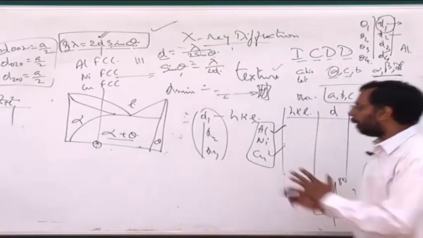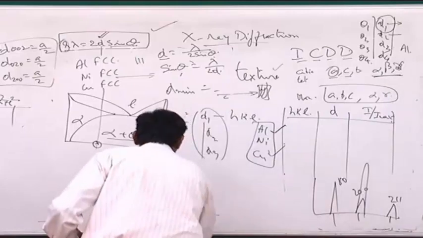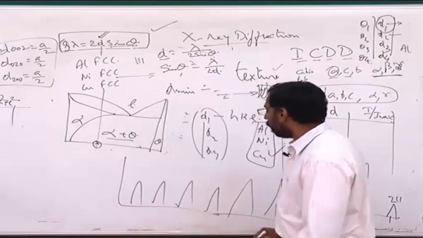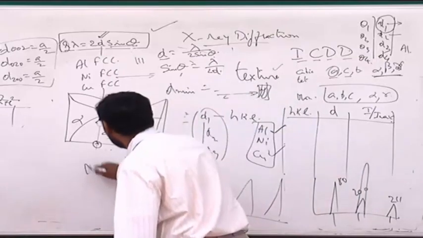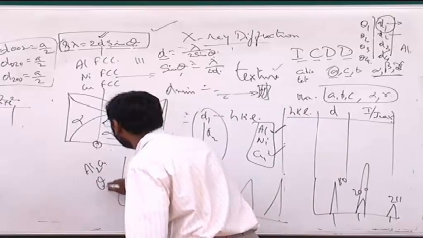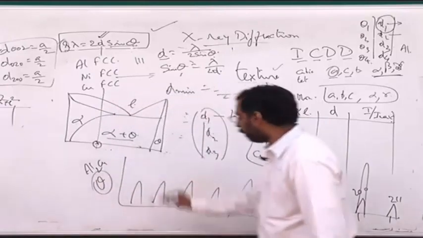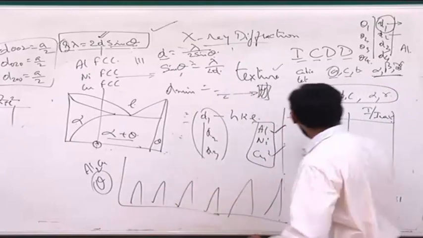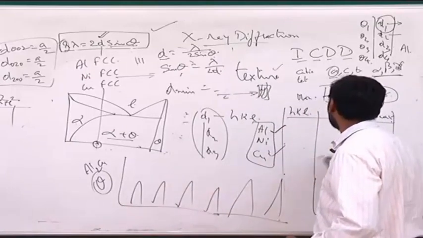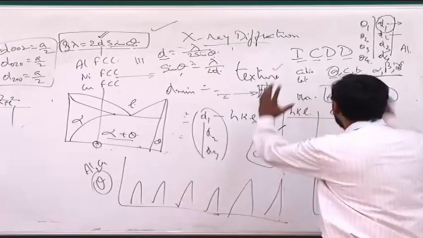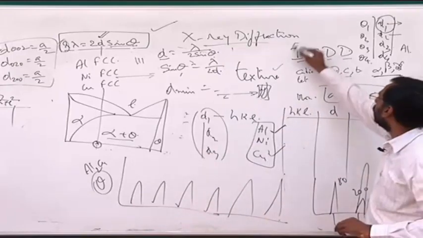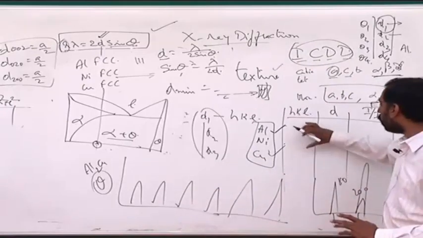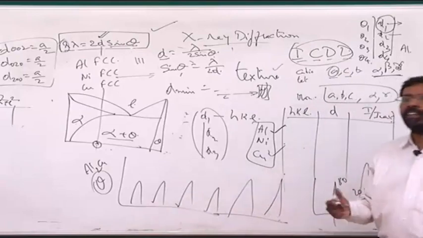If I say my sample has certain peaks here, and these peaks correspond to Al2Cu, let's say theta phase. To confirm that it has the theta phase, I need to be able to see that the top 3 most intense peaks of the theta phase, which is available in the ICDD, match somewhere with these peaks. If the most intense peaks are not matching, then I cannot say that phase is there.